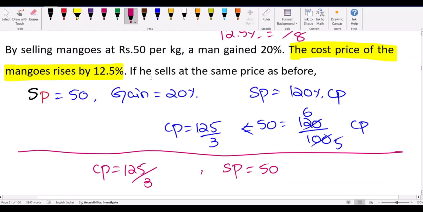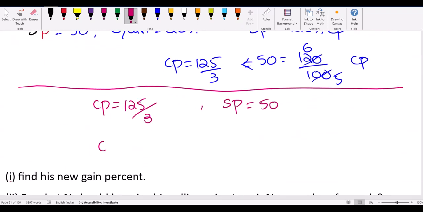So the new cost price, I'm writing 112.5% of the old, I write 9 by 8. So why 9 by 8, sir? Can anyone say why 9 by 8? 1 plus 1 by 8. The 1 means it is already the same, and how much increased? 12.5% means 1 by 8. So 1 plus 1 by 8 is 9 by 8.